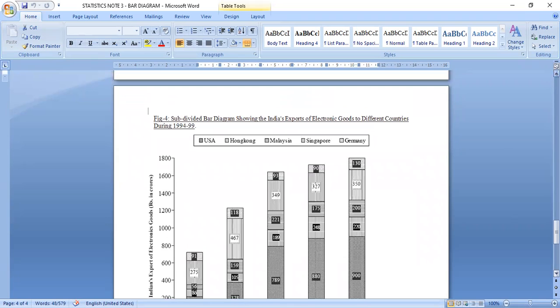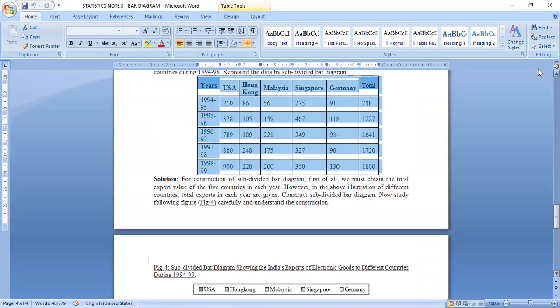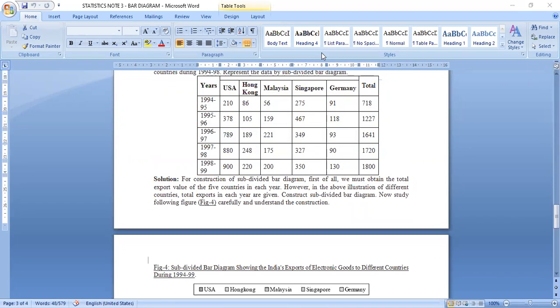Just write these values; explaining with one bar will make it easier to understand. Let us check. Say for example, for the USA, I write only these values. 190, 94 to 95. So USA equals 210.